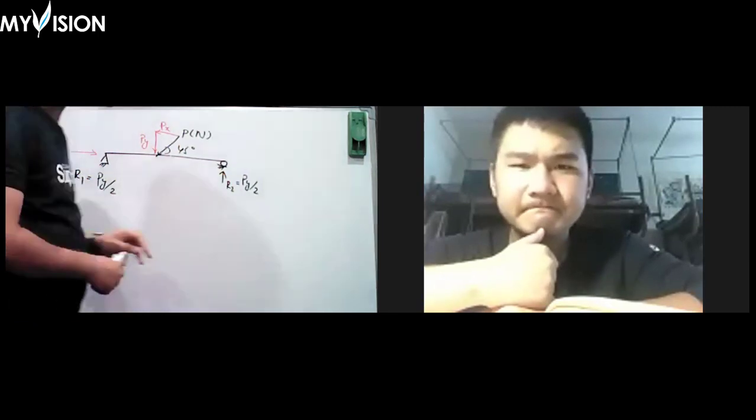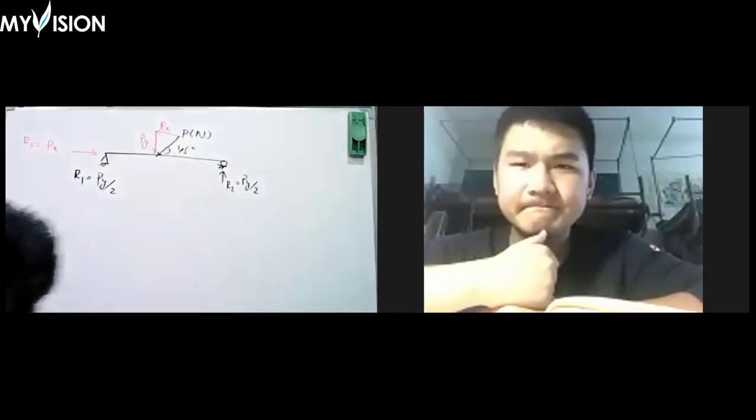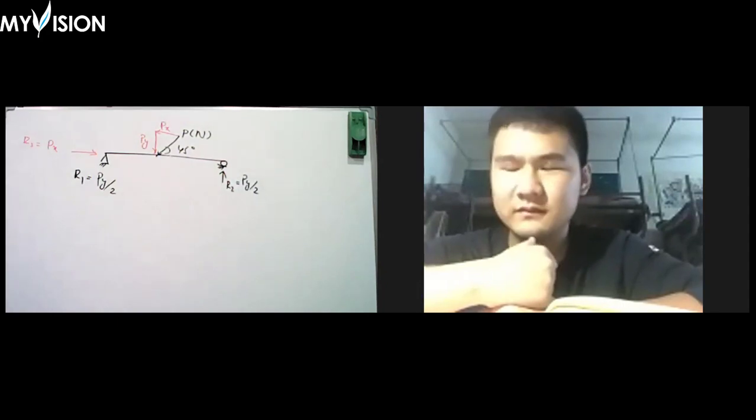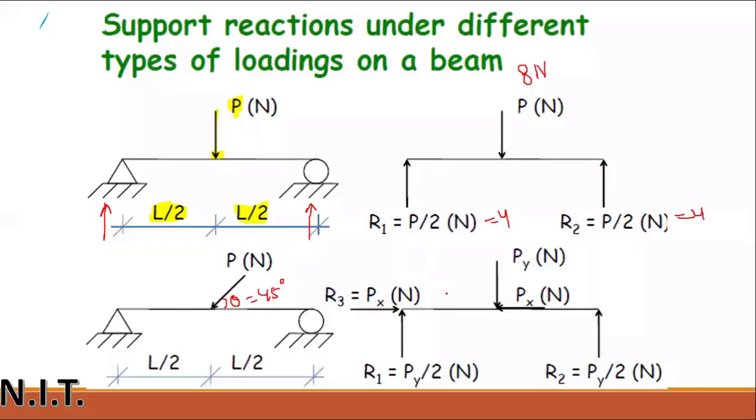Okay. So you can see R1 is Py by 2, R2 is Py by 2, and R3 is considered to be Px, the opposite of this Px. Clear?